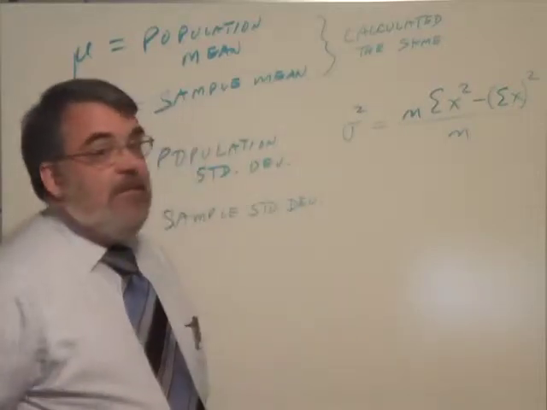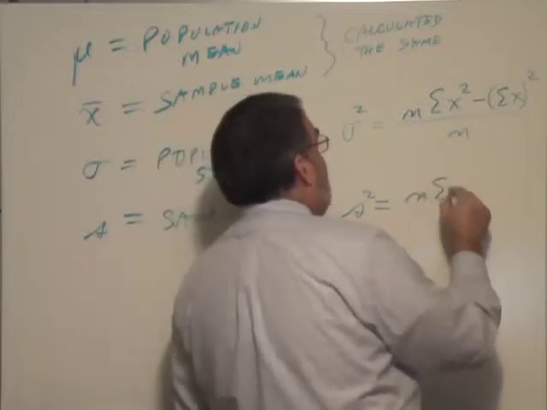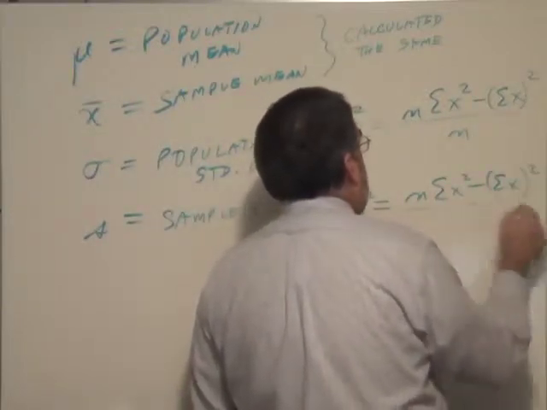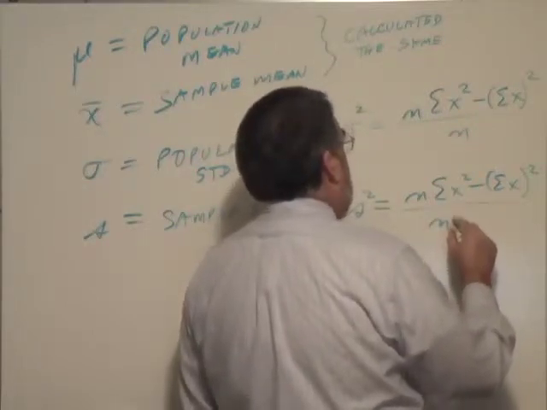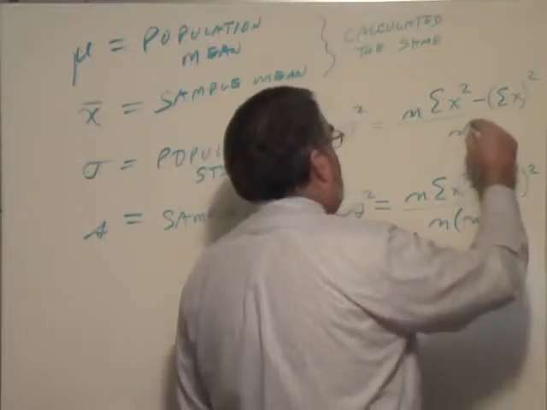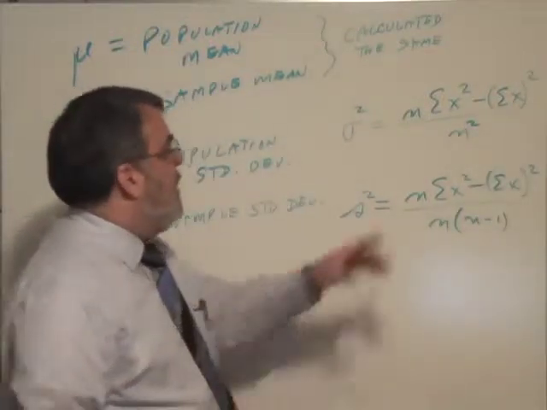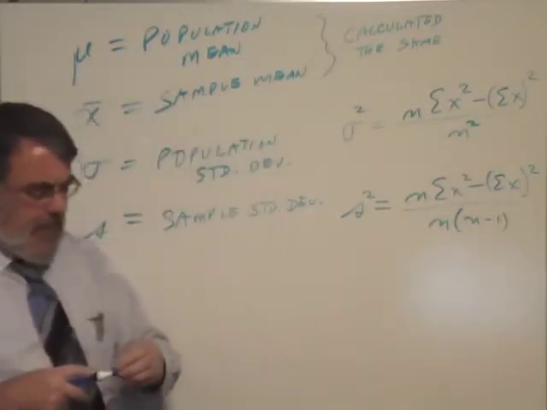And for the sample variance, s squared, as we've seen, this is n times the sum of x squared minus the quantity sum of x squared, divided by n times n minus 1. I've got a little error here. This is n squared. Sorry about that.